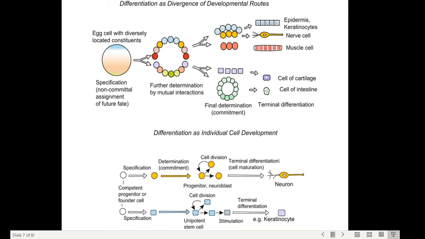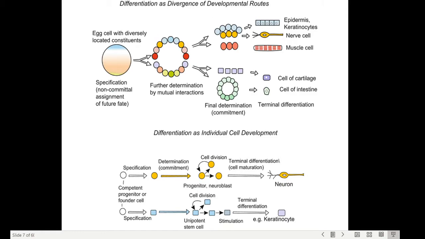There is only one determination step, called commitment. Specification, only one cell is committed to cell division. That cell then goes to the third step, differentiation. Specification, commitment, differentiation, with only one determination method, and terminal differentiation. After the terminal differentiation, the neuronal cells are formed.